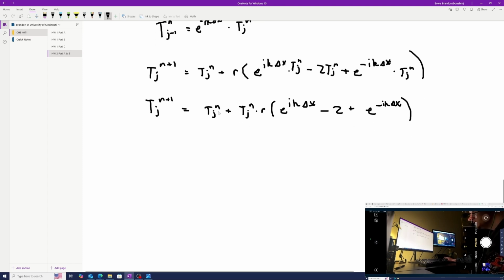One more thing we can do is pull out this T_j, so we get T_j^(n+1) is equal to T_j^n (1 plus r multiplied by (e^(ik delta x) minus 2 plus e to the minus ik delta x)).